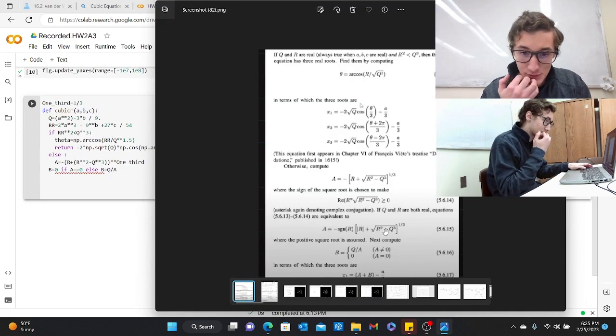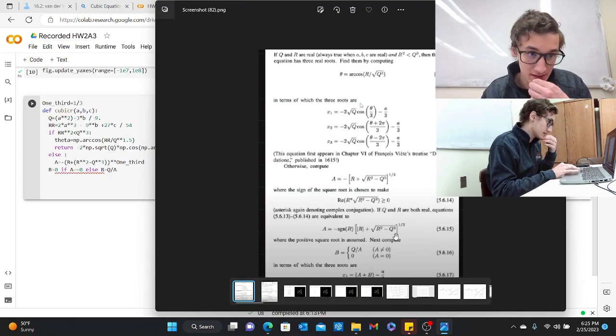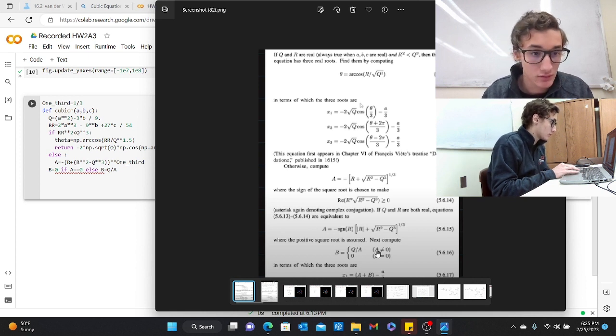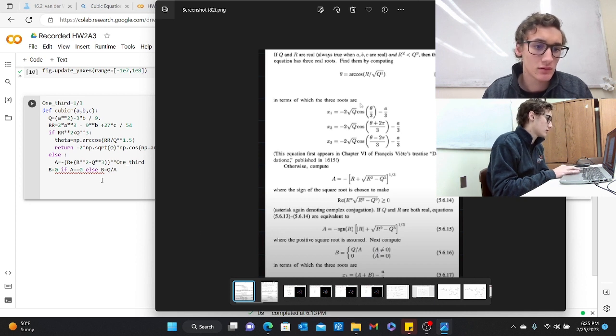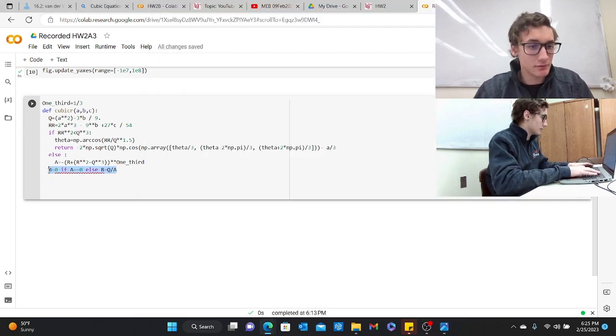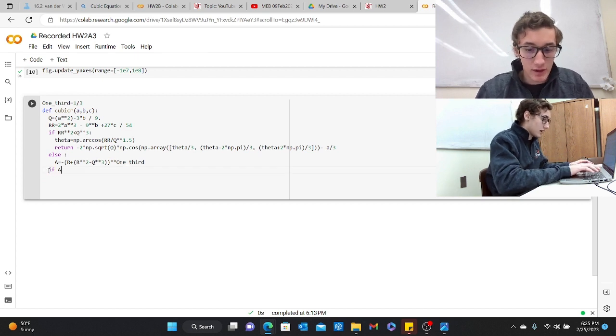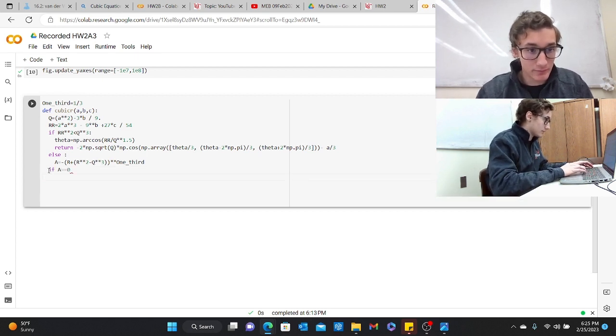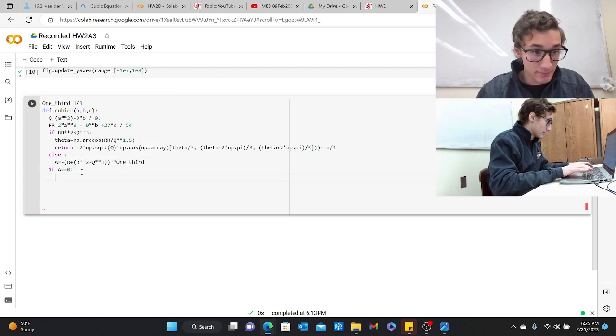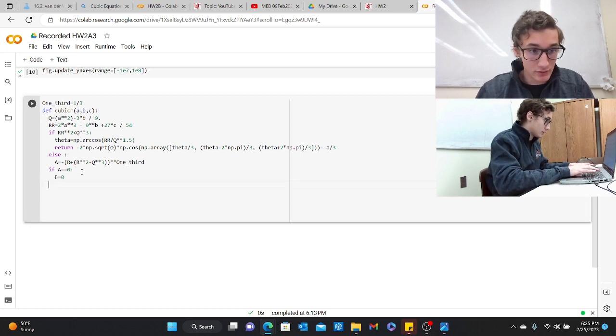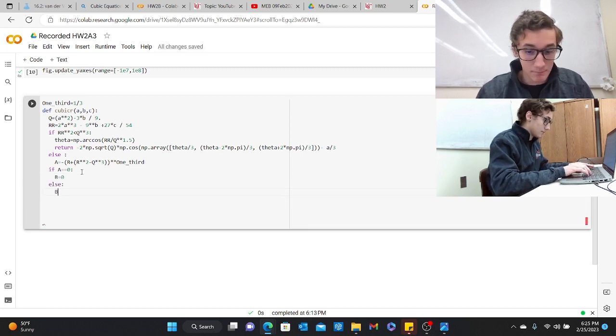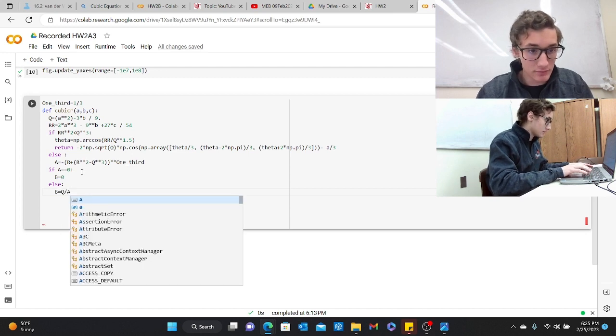Okay, so let's work through this. We're trying to say if a does not equal 0. Actually, I can do this in another way, but this might work. So we're going to do if a equals 0, then b equals 0, else b equals q over a.